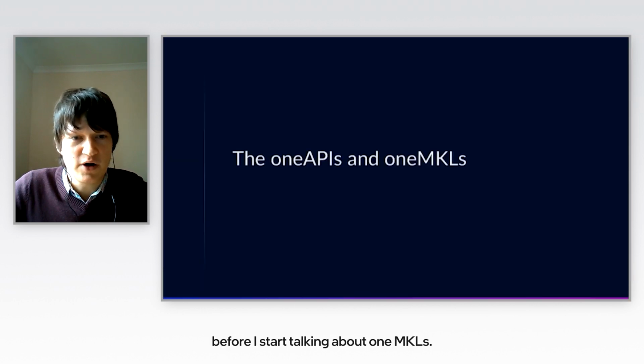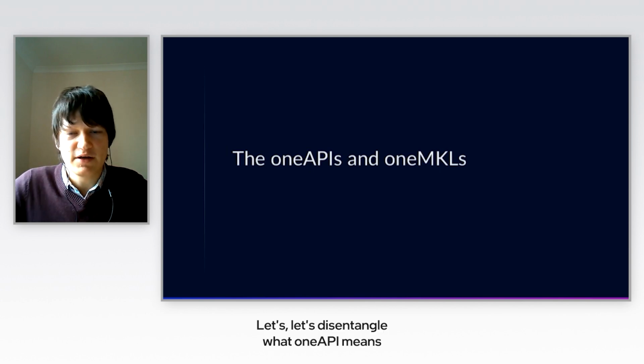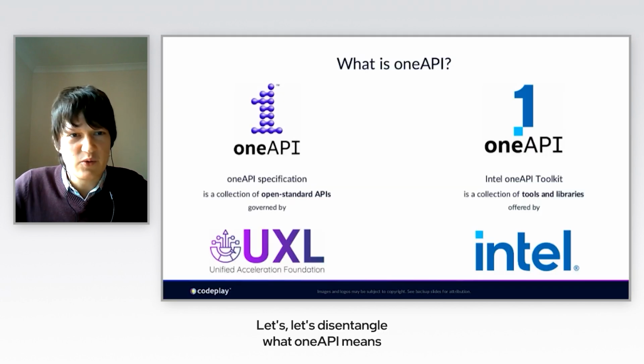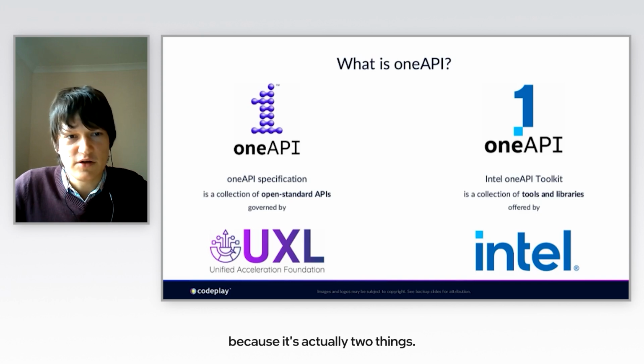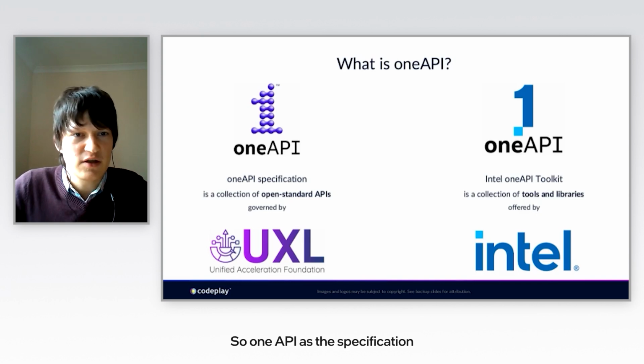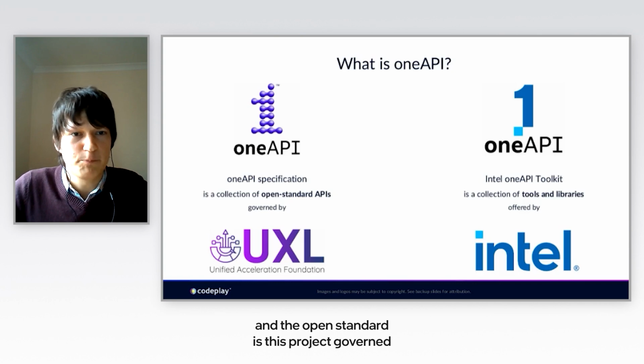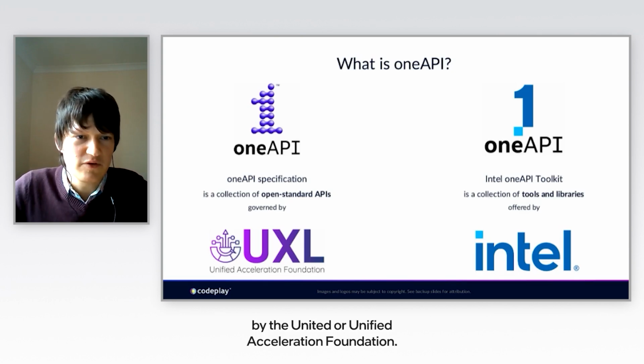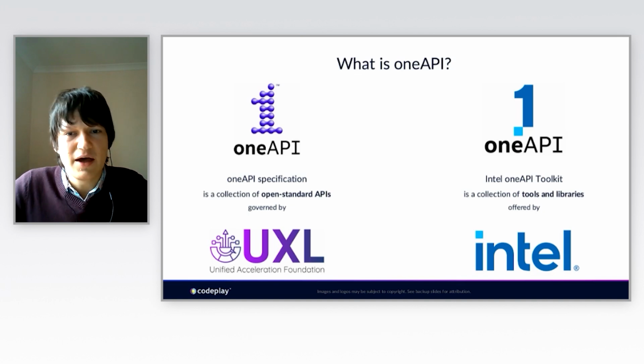Just briefly, before I start talking about oneMKL, let's disentangle what oneAPI means, because it's actually two things. oneAPI, as the specification and the open standard, is a project governed by the Unified Acceleration Foundation.